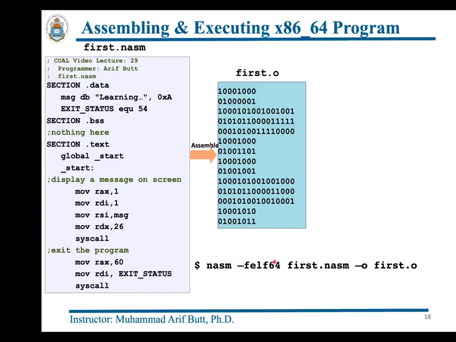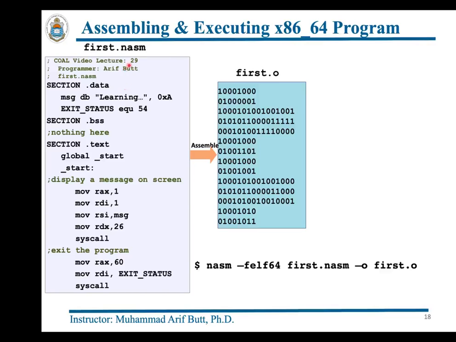So this -f elf64 instructs nasm to generate the object file in the file format elf64, executable and linkable format in 64-bit. And there are other output file formats like elf32, coff, win32, win64 and bin.